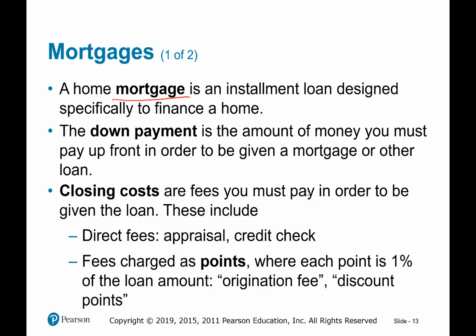So for example, an origination fee or a discount point if you want to pay a point to get a lower interest rate. So these are what we call points, and these points are charged based on what the loan amount is.